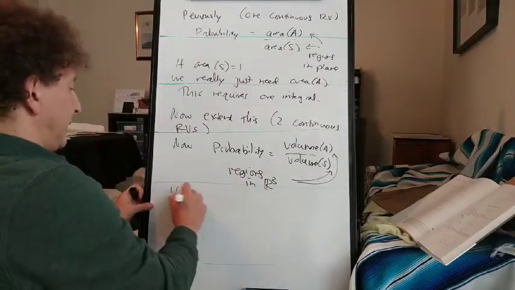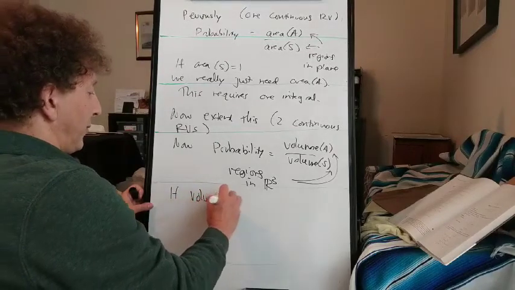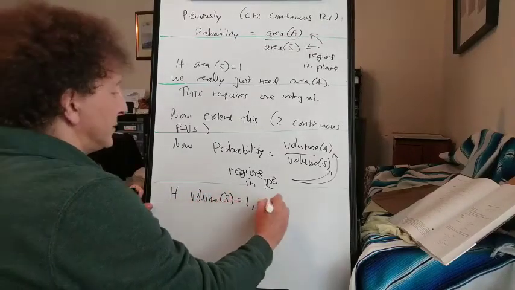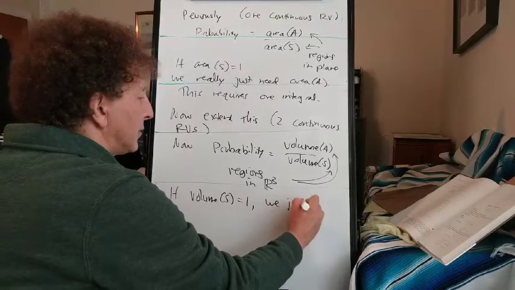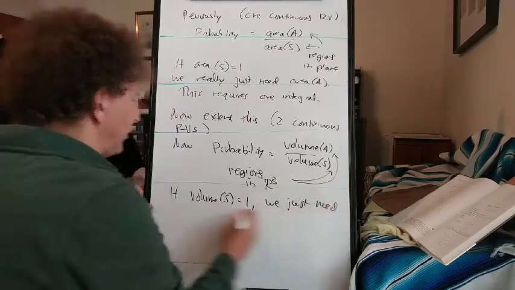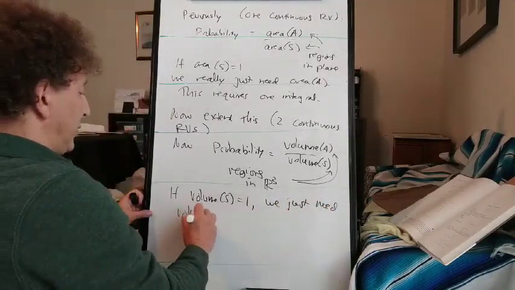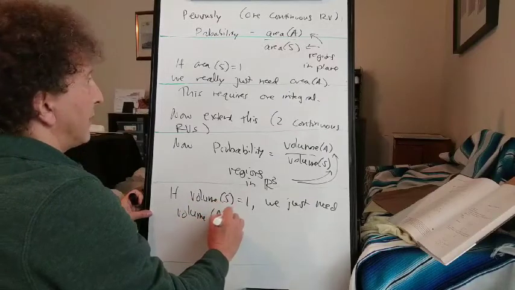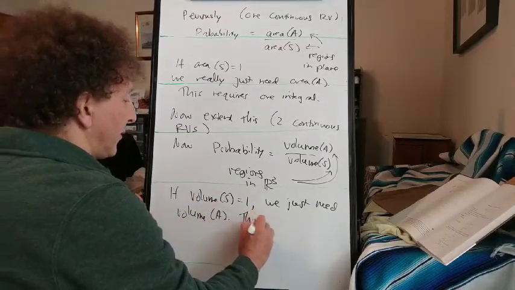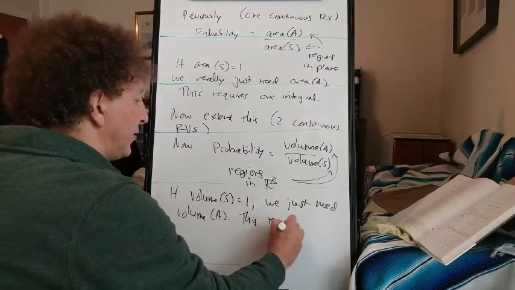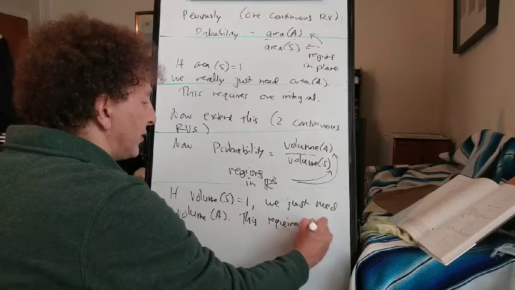And again, if the volume of S is 1, we just need to compute the volume of A. And usually this requires two integrals.